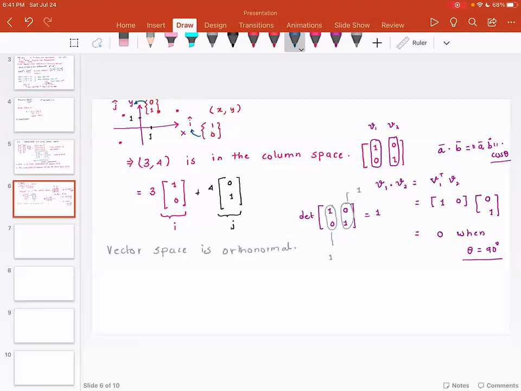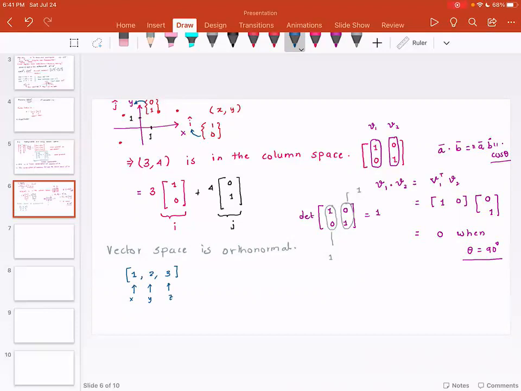So if I were to give you a point, say 1, 2, and 3, this is the x coordinate, this is the y coordinate, and this is the z coordinate, but the plane only consists of x and y coordinates.